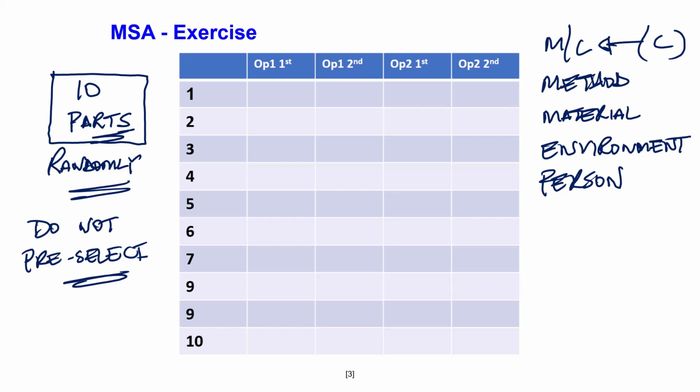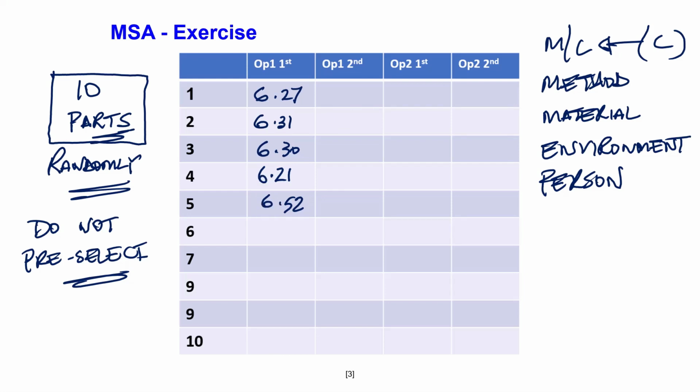And then what we're going to do, we are going to give the parts out in random order. The measurement system will make a judgment, come up with measurements. Then you ask the same measurement system to measure again.